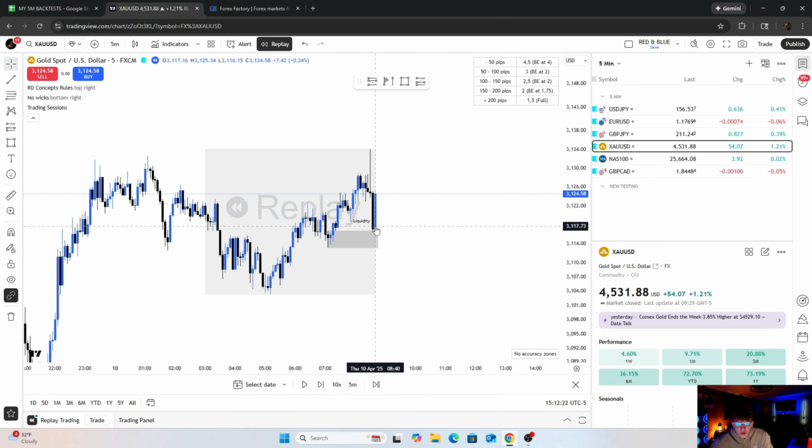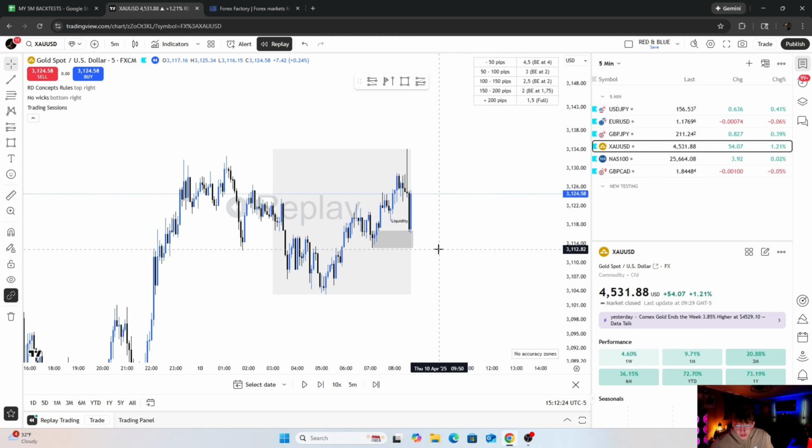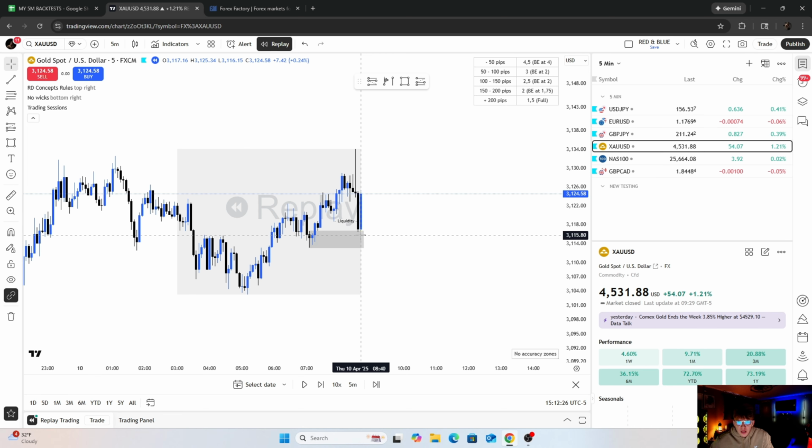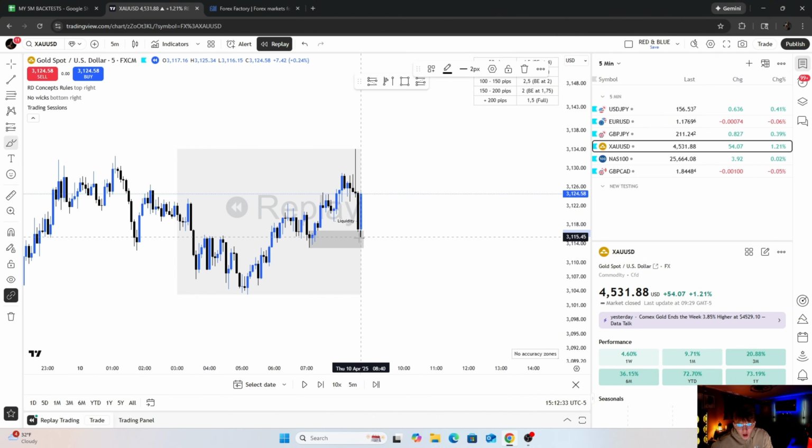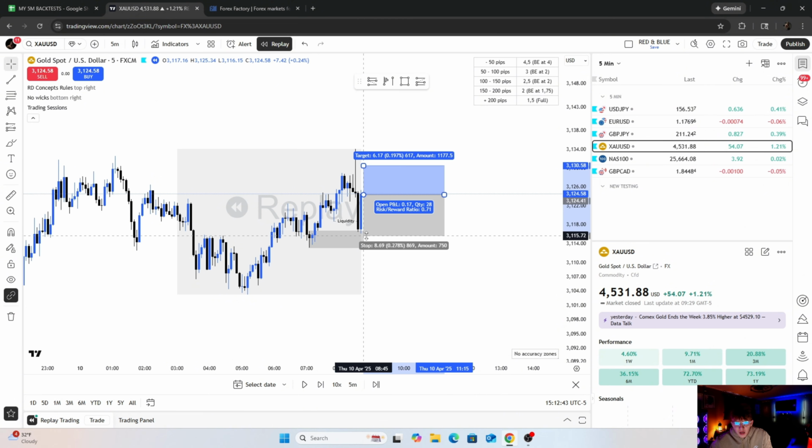Price came down. The only problem with this is realistically, it would never be a valid flip entry unless it was like a new 1 hour candle and we came down and filled this entire box here and then flipped up. Right now, that candle close, we wouldn't be entering.